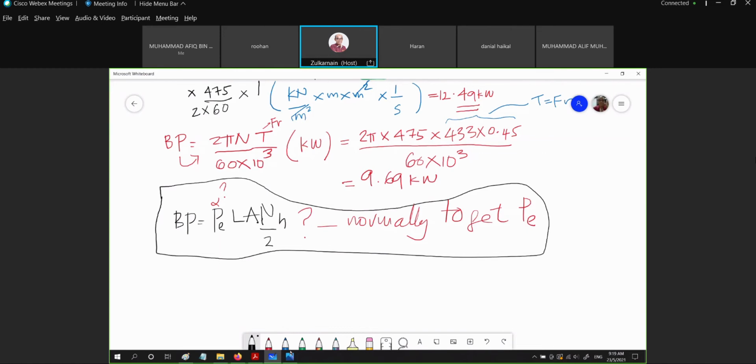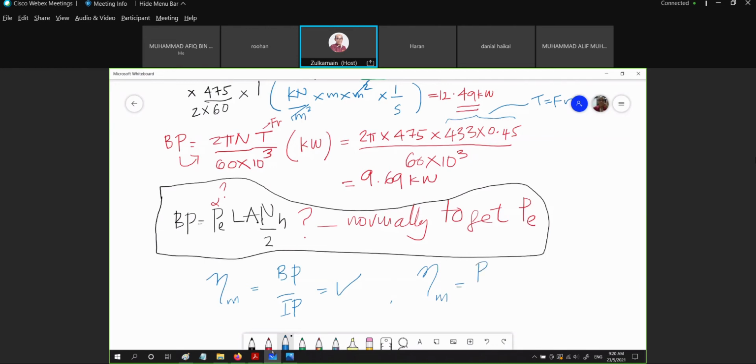Okay. So next thing that we can solve is the mechanical efficiency, which is equal to BP divided by IP. And from this formula also we can get the PE.